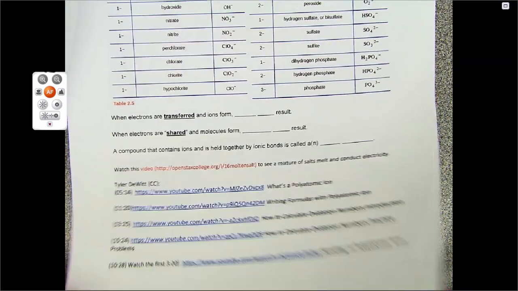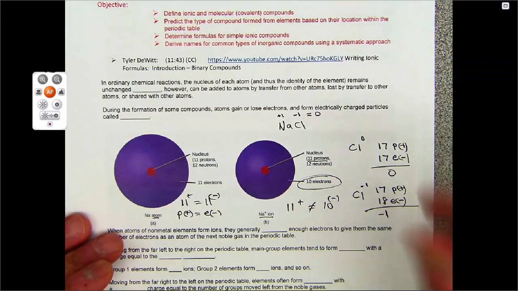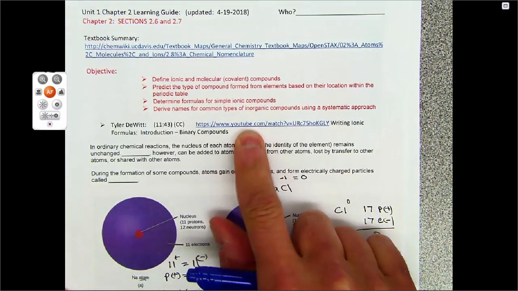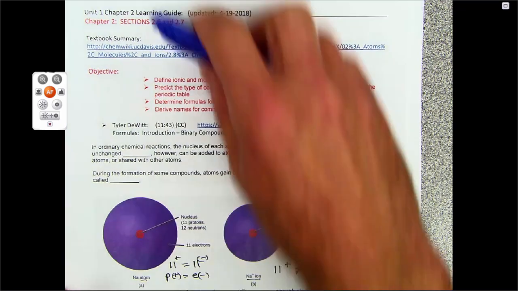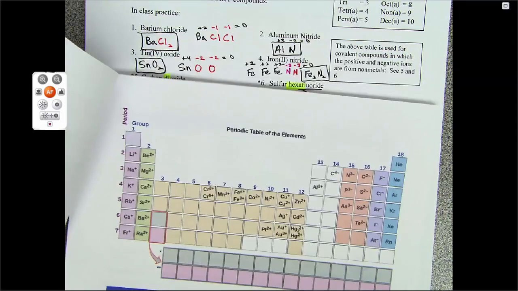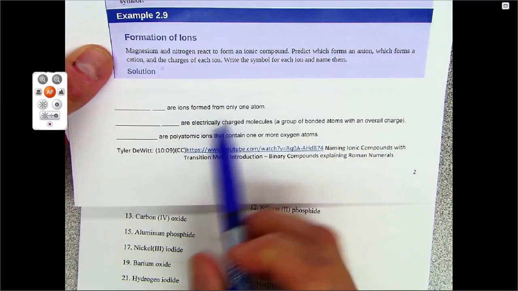Now, for this unit, I want you to watch this video here for sure, and then complete this first page and complete this fill-in. These fill-ins are right out of the book.